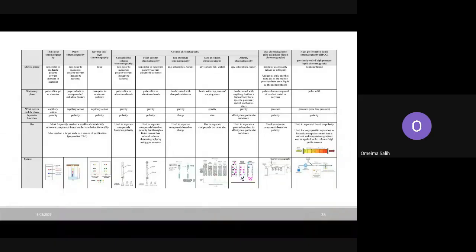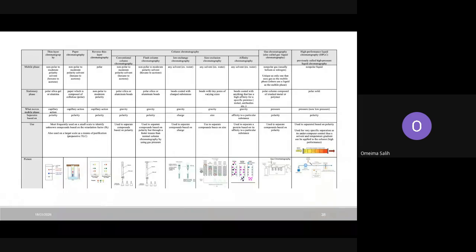Here, this table summarizes the different methods of chromatography, and I believe this is a very good table. It helps the researcher to select which method to use, because there are different types of chromatography. There is thin layer chromatography, there is paper chromatography.